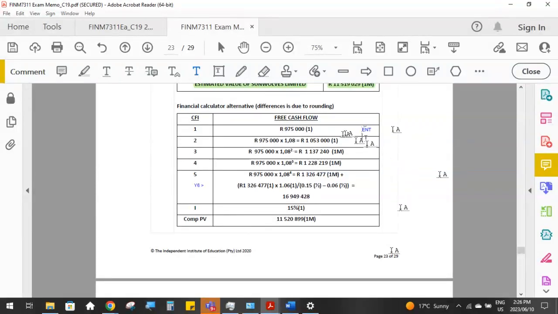And then you would go 1053, and then press ENT, and 1137, and press ENT, and so on. So each of these 6 amounts, you would then enter.